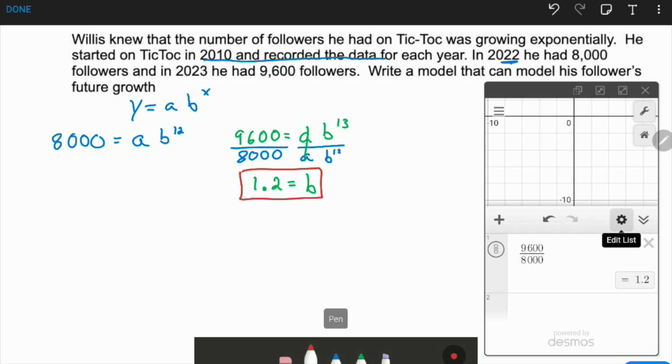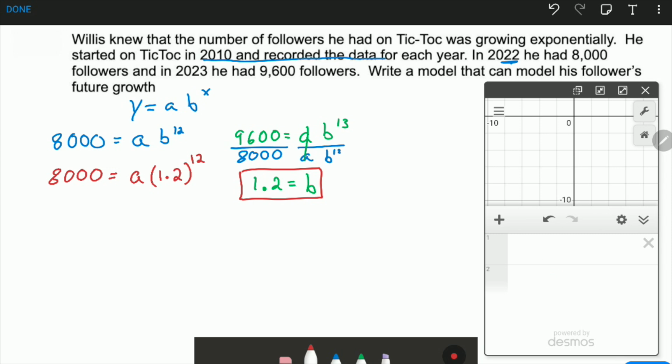But now that we have b, we can use the other formula and just go back and continue to work. So 8,000, again, it's essentially a system of equations, equals a times b, which we now know is 1.2 to the power of 12. And we just have to solve for a.